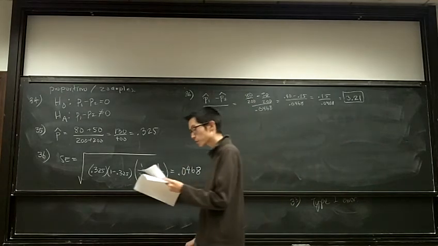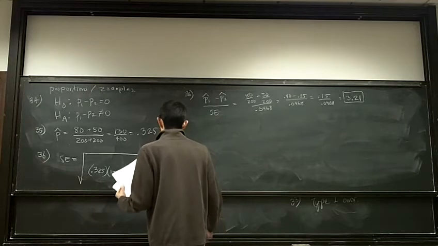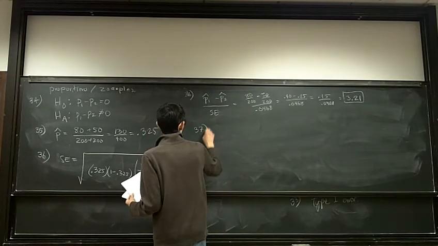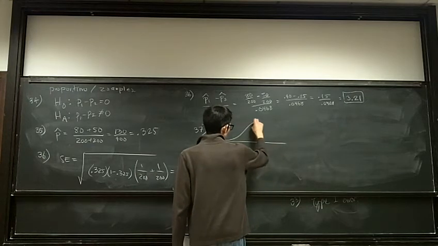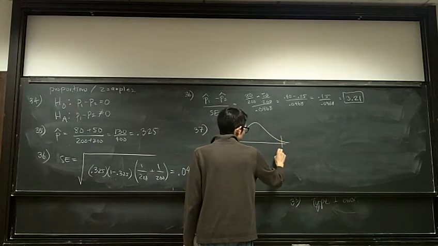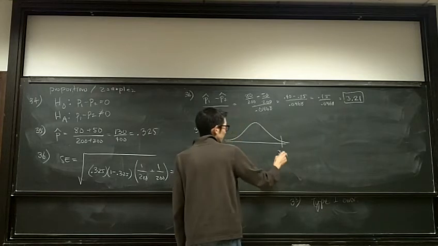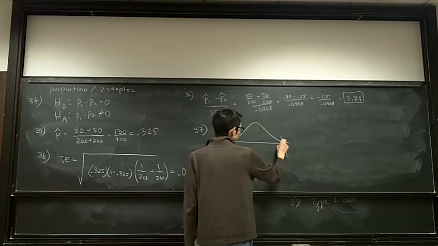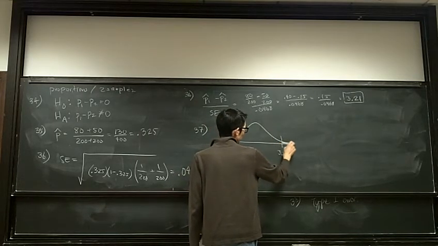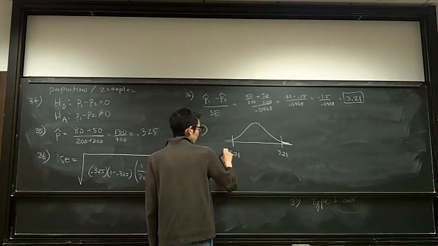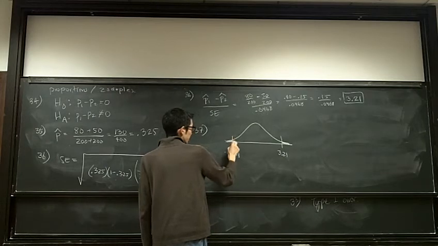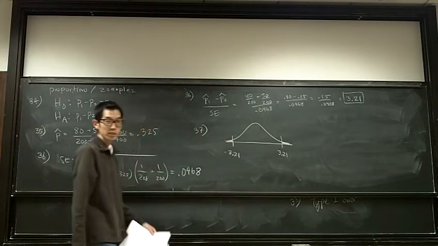Alright, 37, it says perform a hypothesis test, and it asks what's the p-value. So here I'm looking at 3.21, and it's a two-tailed test, so I'm going to find the area in this tail over here and the area in this tail over here. I'm just going to take the tail and double the area.